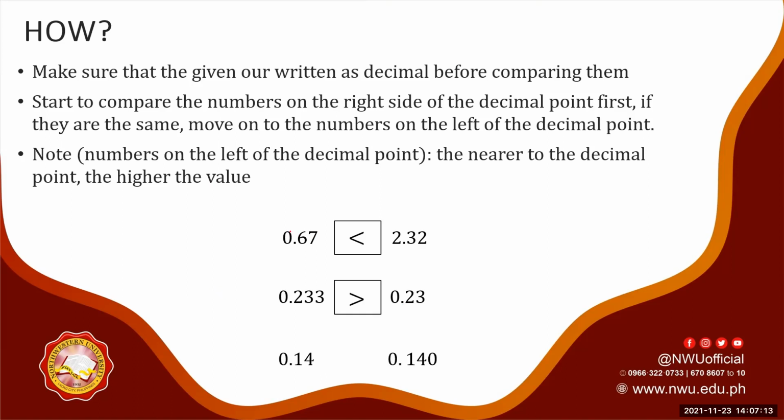Another is 0.14 and 0.140. Again, since parehas sila ng whole number which is 0, consider your decimal numbers. You can add 0 here so that you can compare them para parehas sila ng number. And since you can see na meron silang same value, that's the reason why it is equal.